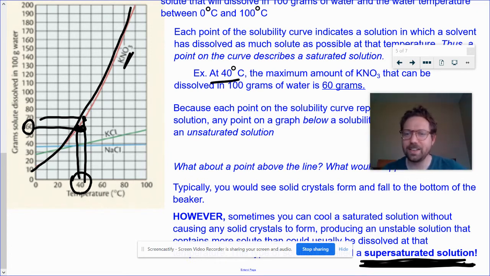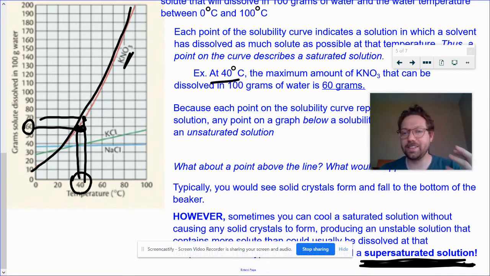What that does is, if you don't disturb it at all, you can have more solute dissolved than what the temperature actually dictates. So if you put in 70 grams at 45 degrees, but then you let it cool off to 40 degrees, you would actually create a supersaturated solution where 10 extra grams were dissolved in there.